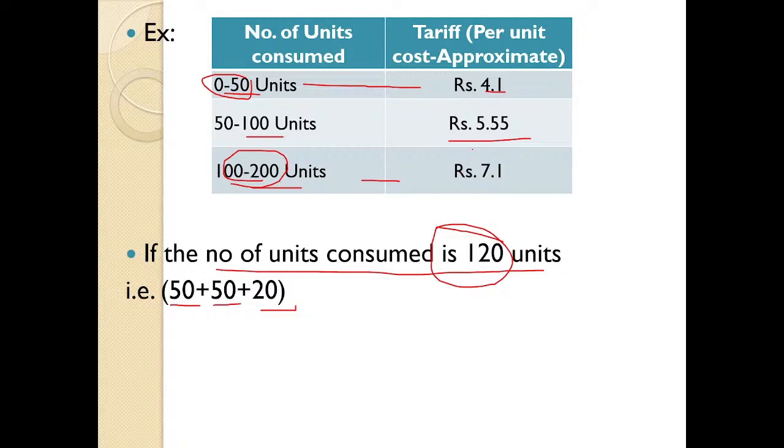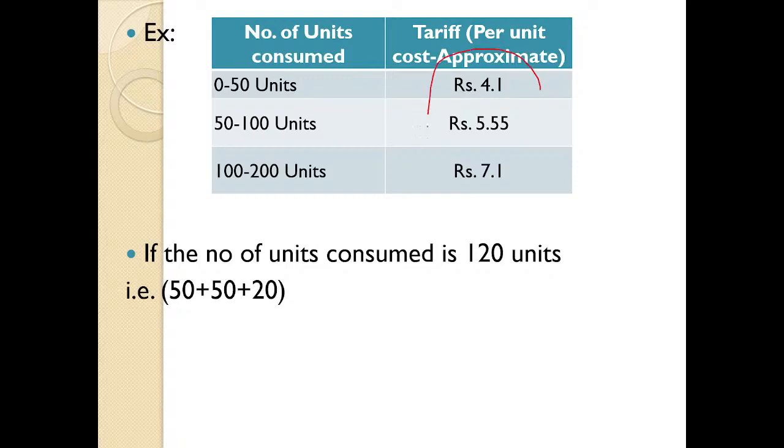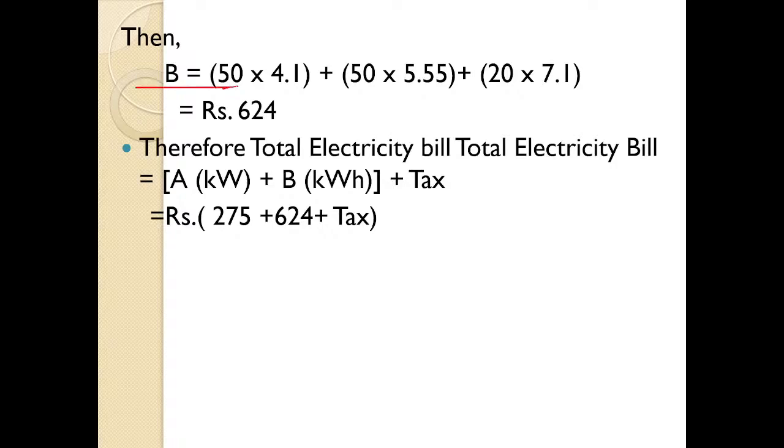Now consider these rates: rupees 4.1, rupees 5.55 and 7.1. For the first 50, the rate is 4.1. For the next 50, that is 50 plus 50, which is 100, the rate is 5.55.